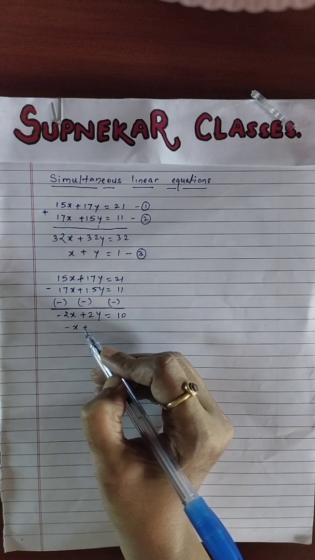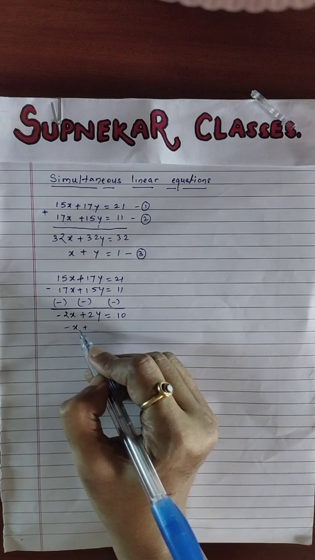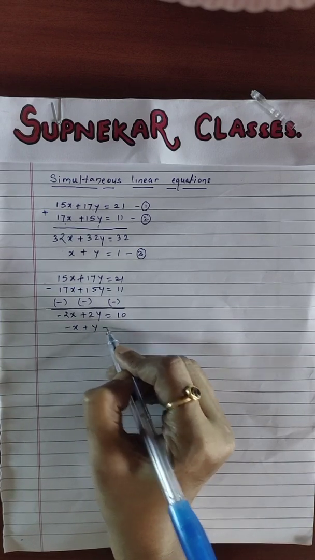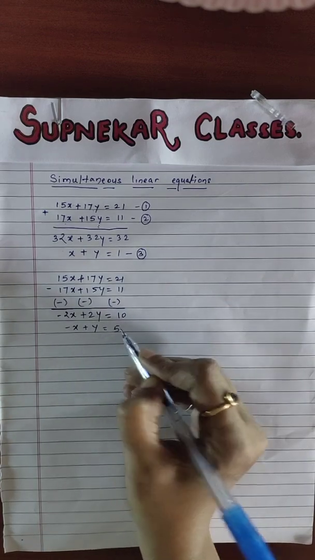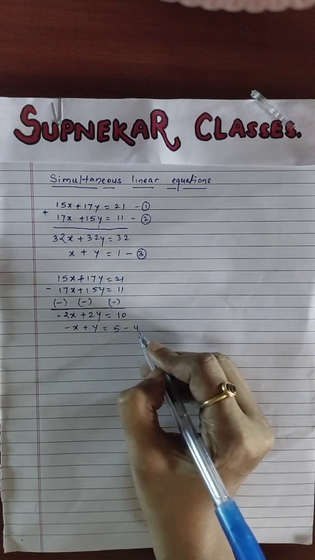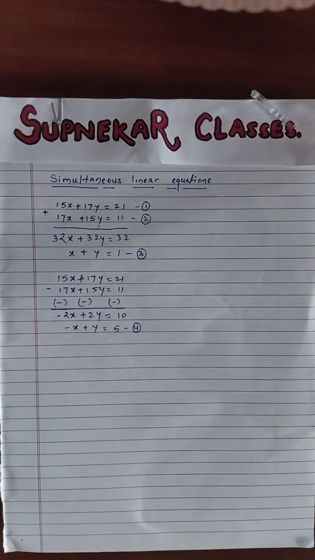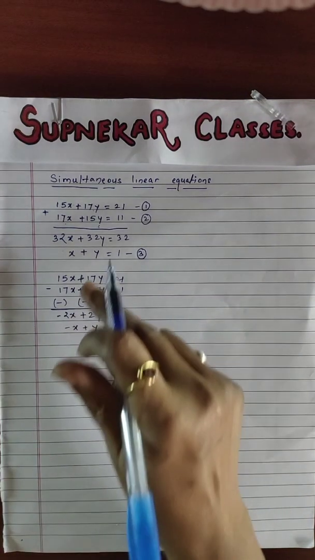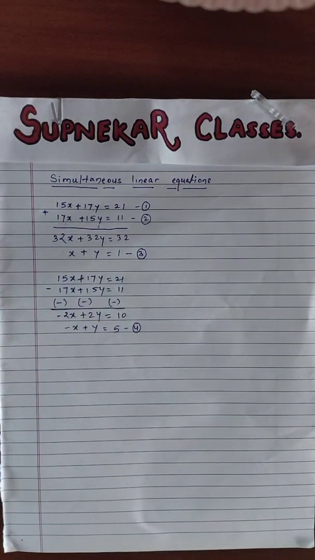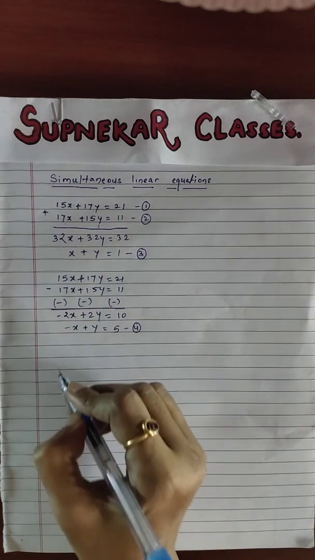You have divided by only 2, plus 2. So it will remain minus x plus y is equal to 5, as 2 fives are 10. So this is your fourth equation. Have you got it? How you got the third equation and how you got the fourth equation. Now you have to write down this third equation and fourth equation one below the other.